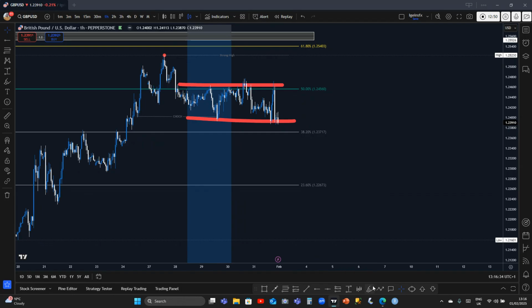I'm expecting price to break below a little, push to the upside, probably sweep this liquidity, clear out this liquidity, before we resume the underlying bearish trend.